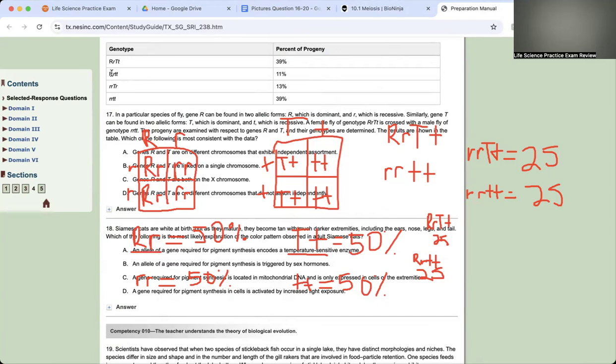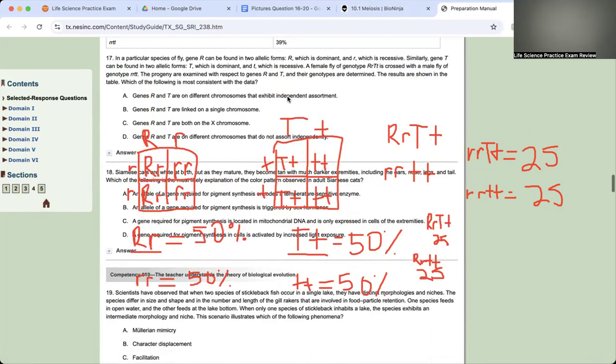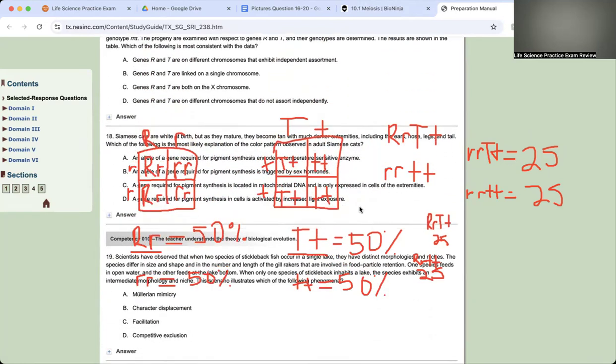Neither does any of this data match. Heterozygous for R, homozygous recessive for T, 25 versus 11, 25, 25, 13, 39. So again, none of that matches. So I'm going to scroll down again. I'm going to leave this up here just in case anyone's writing it down.